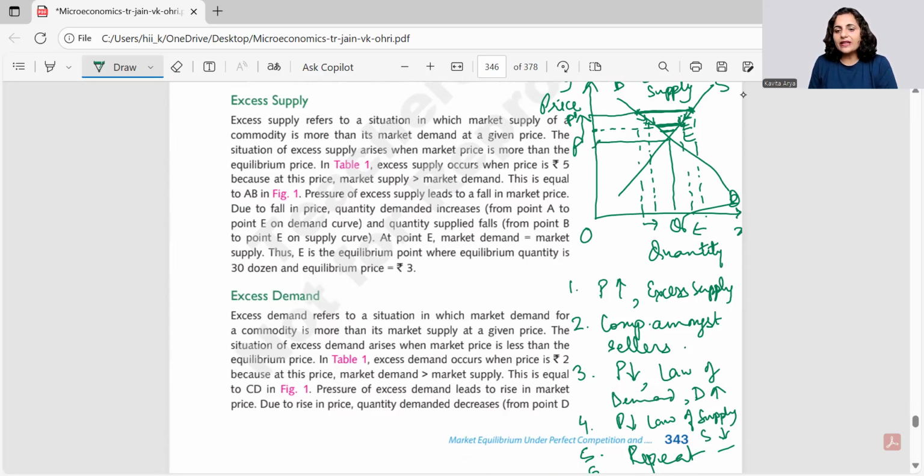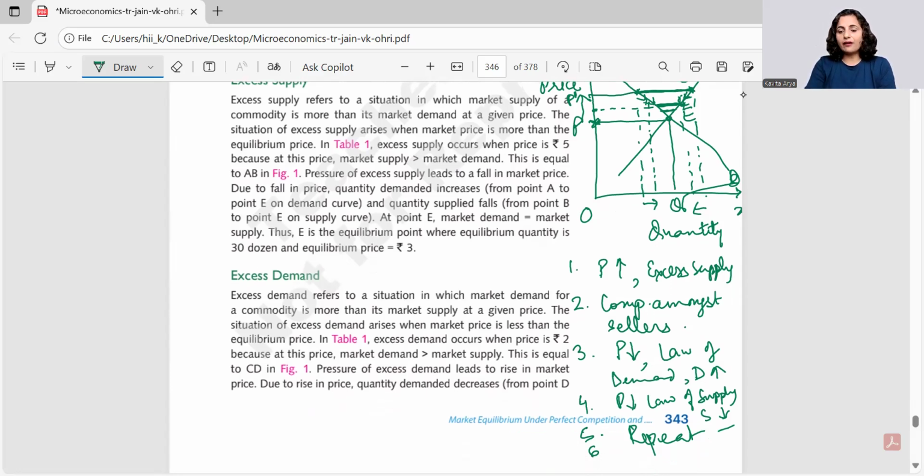Ultimately, at last, when the price falls to this level, which is the equilibrium price, here we have the demand equal to supply. So here the stable equilibrium would be restored. So after repeating this process as many times as is required till there is excess supply, there is equilibrium and the stable equilibrium restored.